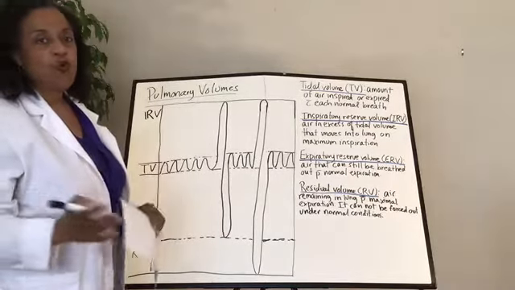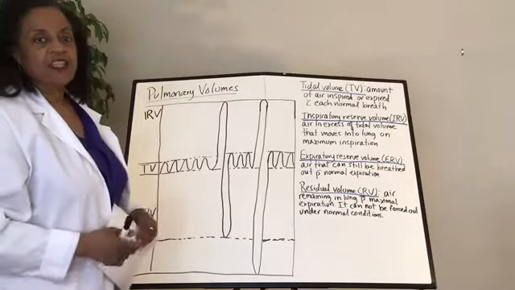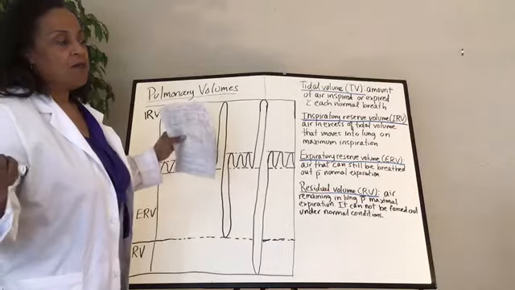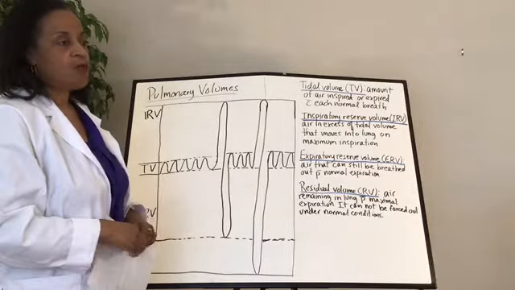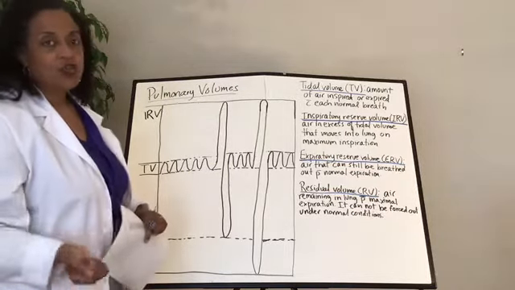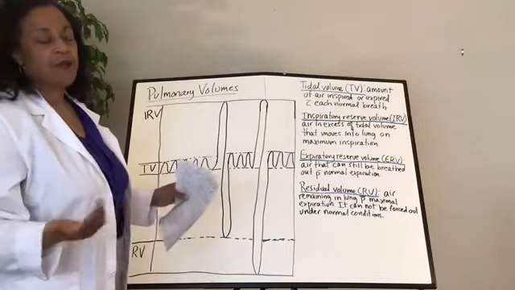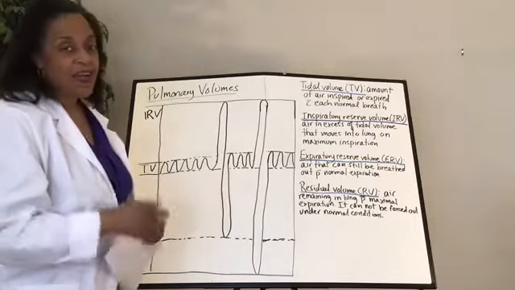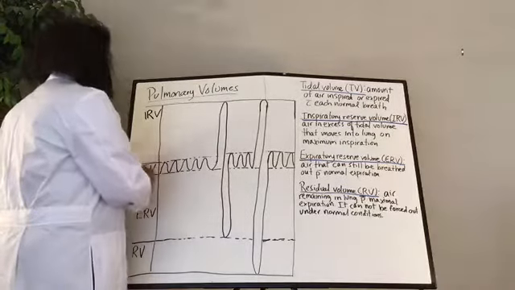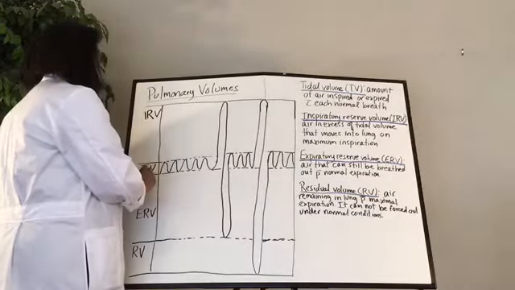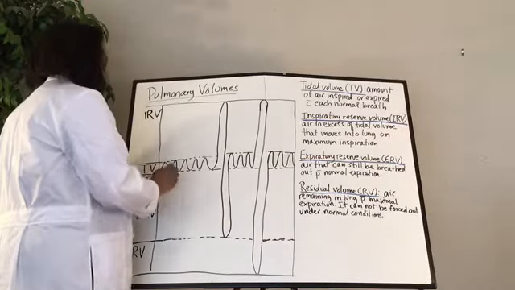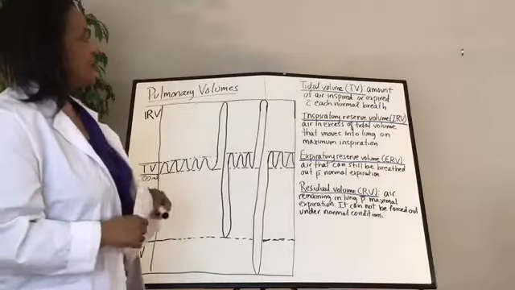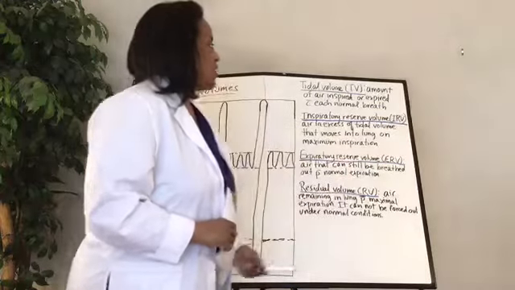This is how we normally breathe, sitting at your desks or sitting at home, just relaxing. Like I'm breathing now, just regular. That's about 500 milliliters of air in and out of the lungs, about half a liter.